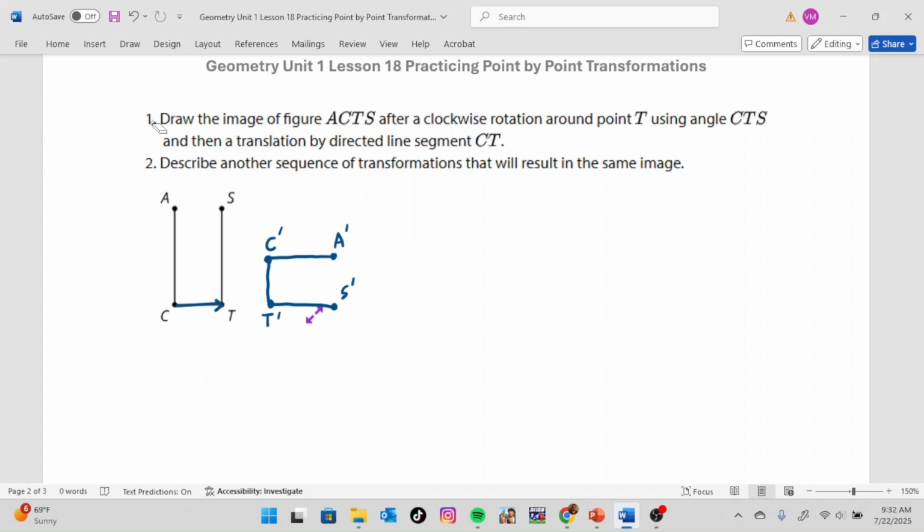And now we have the final shape after we rotated it clockwise around T and translated it by the directed line segment CT.